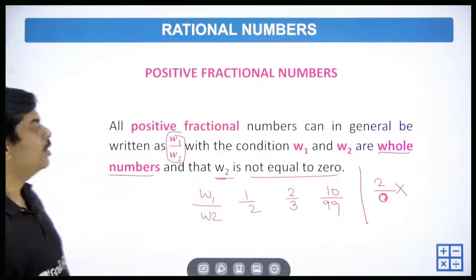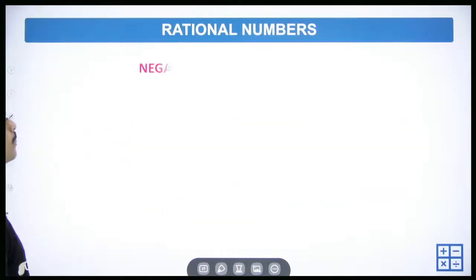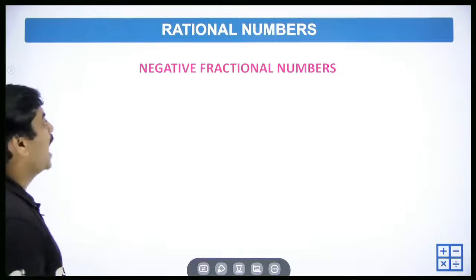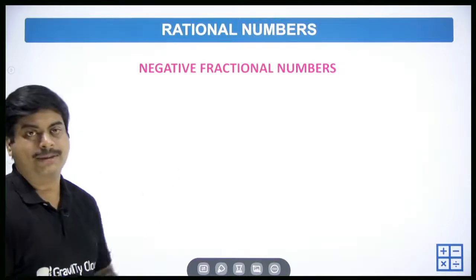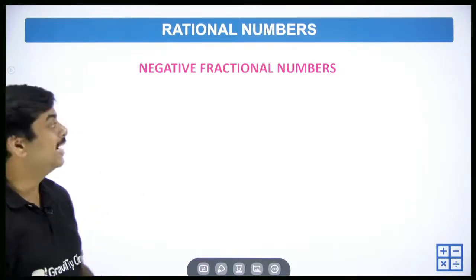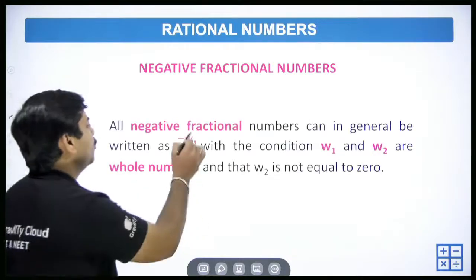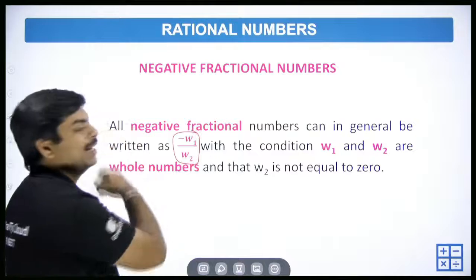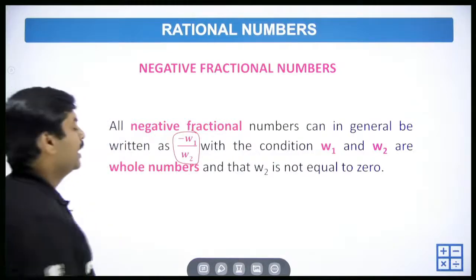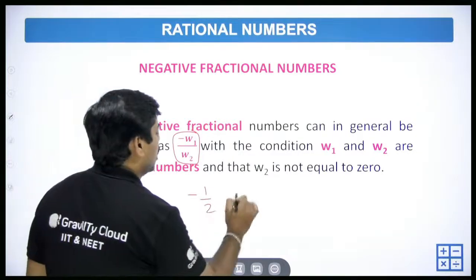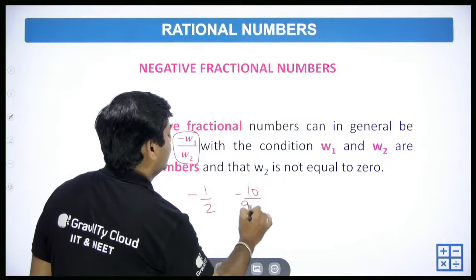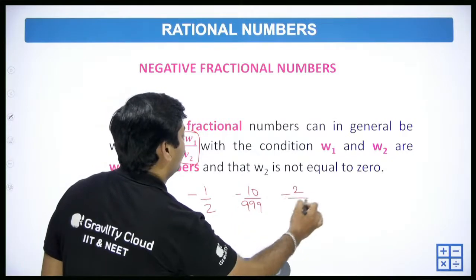Okay. So, moving ahead. In the same way, we also have negative fractional numbers. What do you mean by negative fractional numbers, right? The same W1 by W2 with a negative sign. Let us say minus 1 by 2, minus 10 by 999, minus 2 by 54.